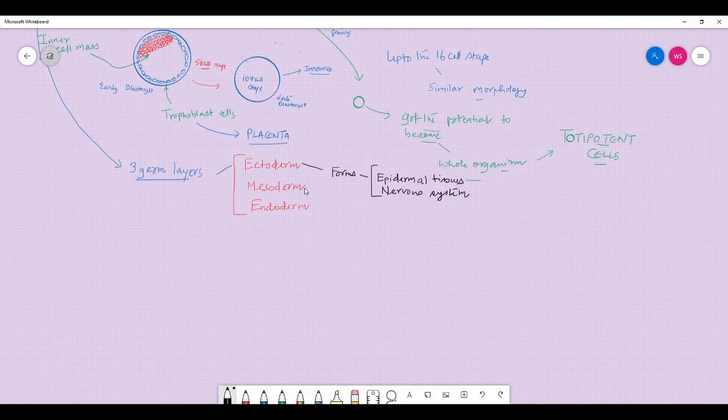The mesoderm gives rise to the muscle, bone, blood, and the urogenital system.